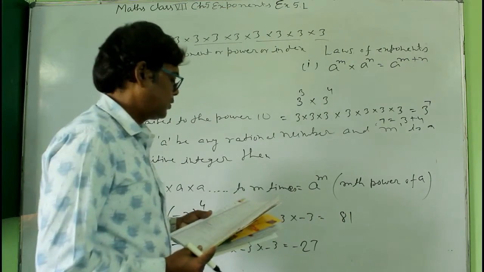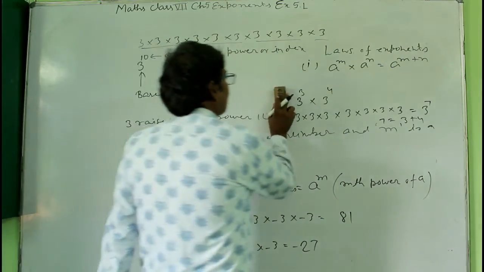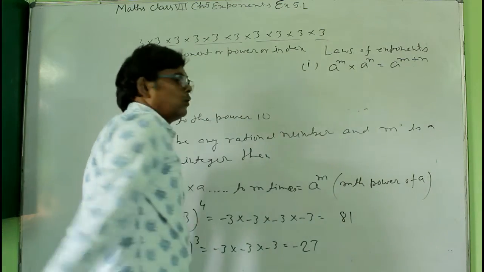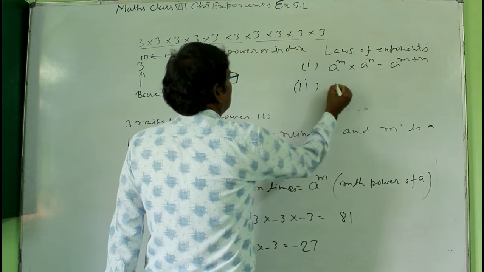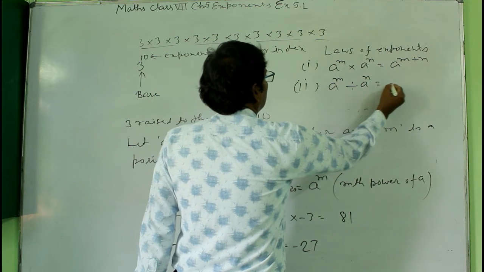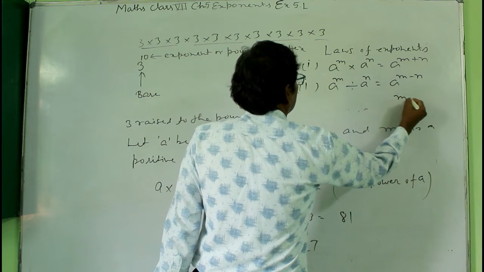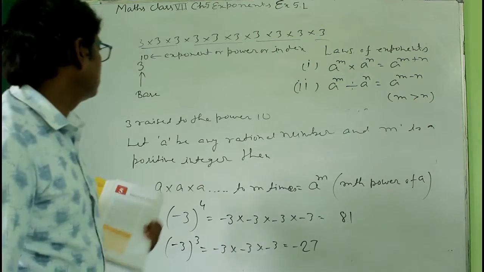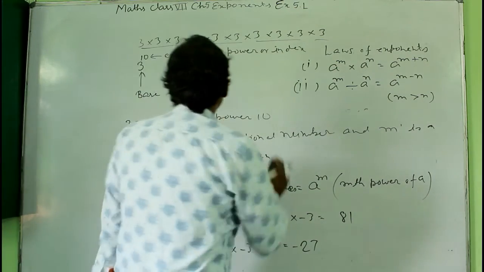And next is law 2. The second law is a to the power m divided by a to the power n equals a to the power m minus n, and here m is greater than n. That is, when m is larger than n, then you will have this formula.